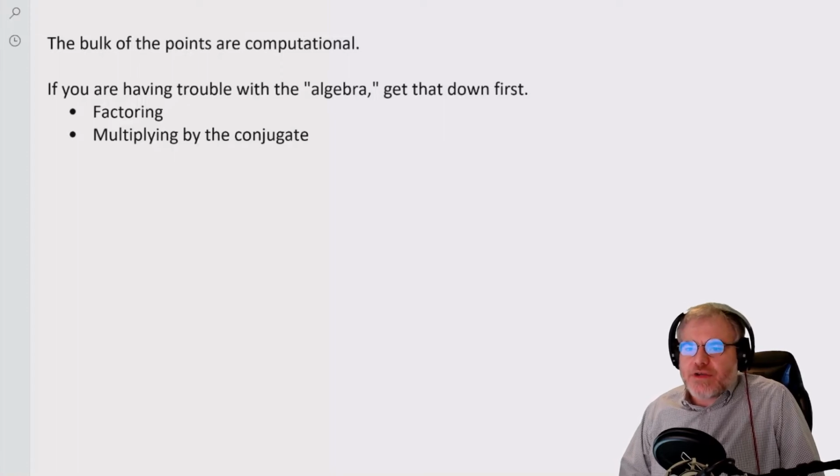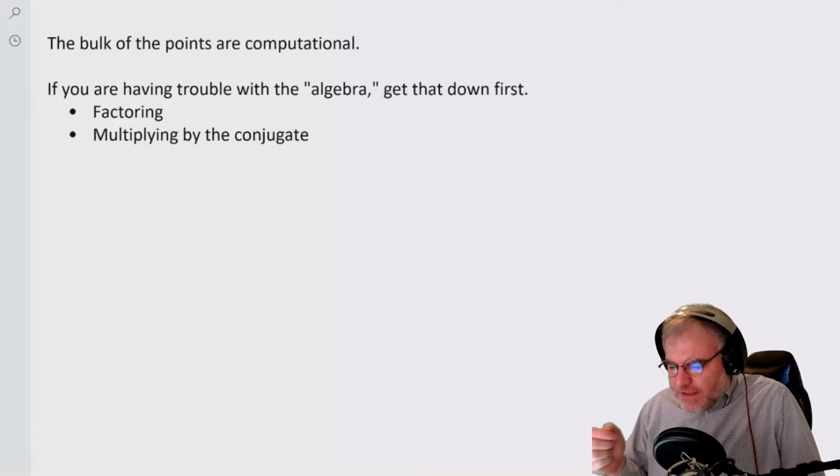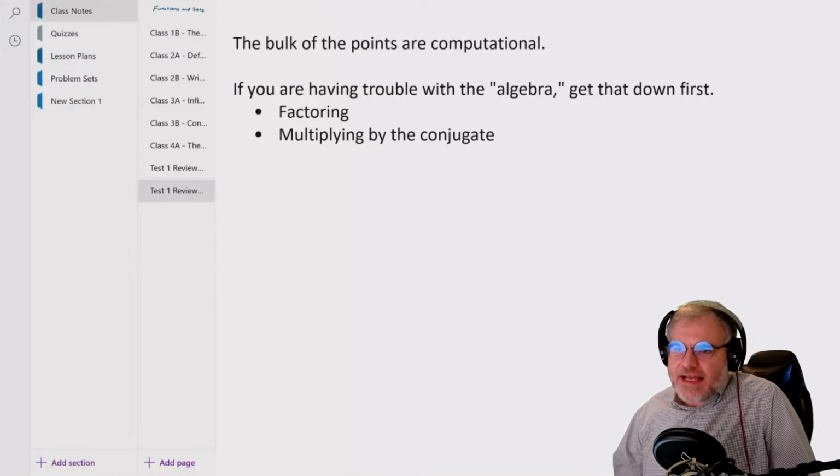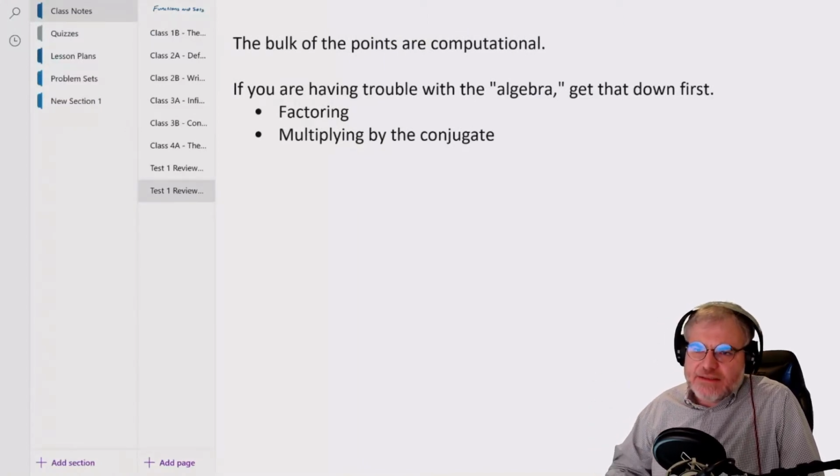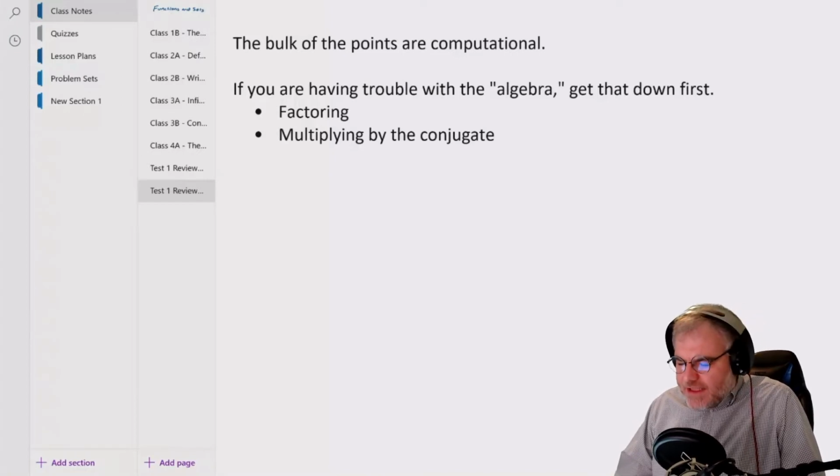So make sure that you talk to me about the algebra. And then last time I covered the idea. Are there any questions about that? I know there's the one question about the special limit, so I'll get to that in a moment.